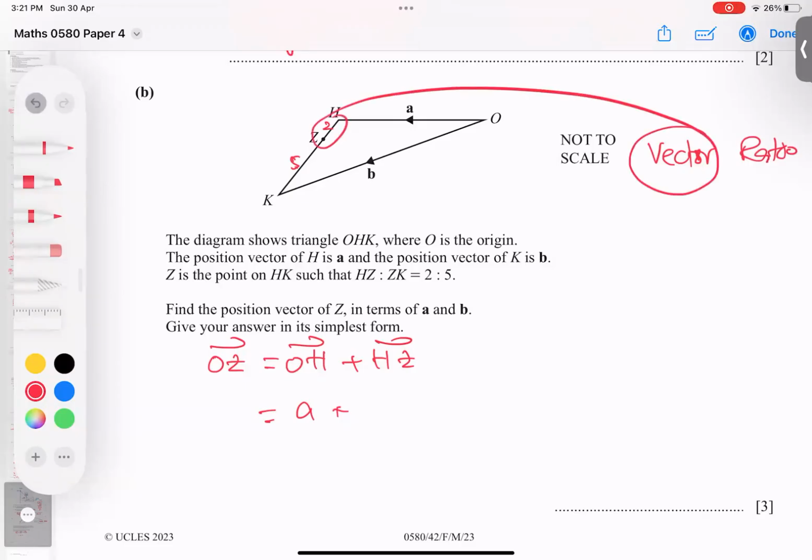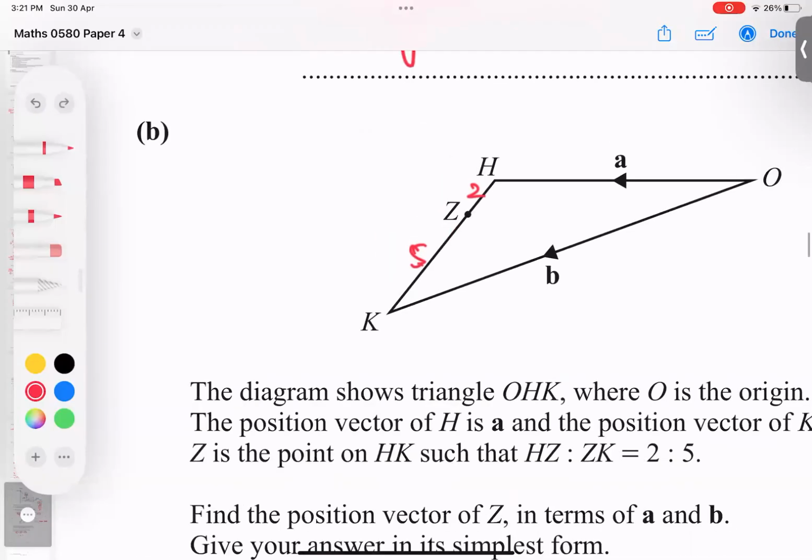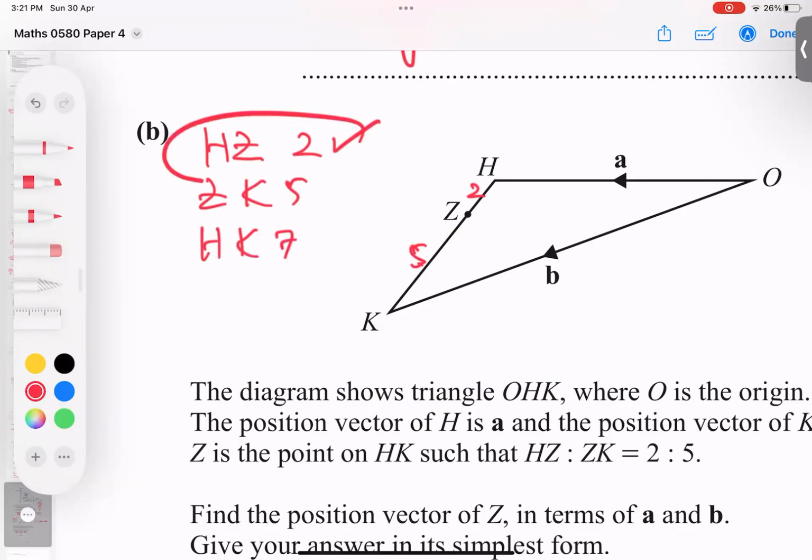The vector is HZ. In this we have 3 vectors: HZ, HK and ZK. I have HZ as 2 ratio, ZK as 5 ratio, and the total, that is HK, is 7 ratio. Which vector do I need to find out?